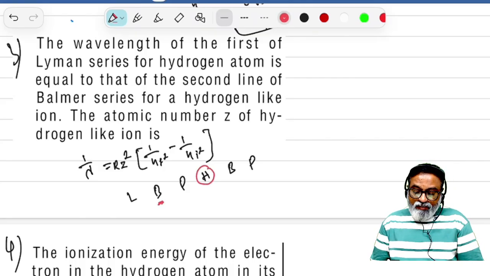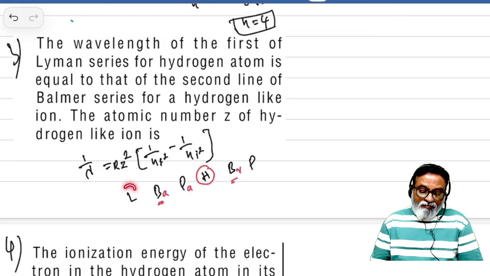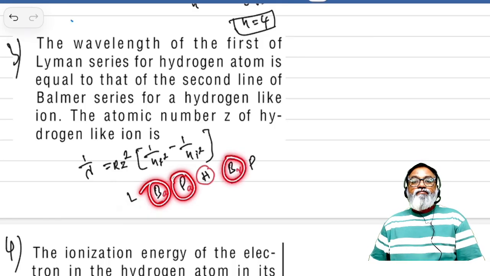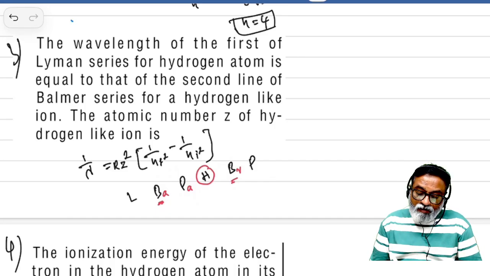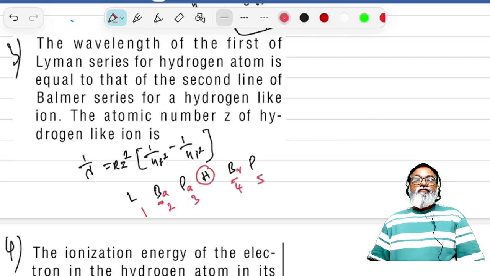Here P is there, here P is there, here also P and P. Therefore, here put A. This is R. Here is A. Therefore, this becomes Lyman series, Balmer series, Paschen series, Brackett series, Pfund series. After that, give the number to this series: 1, 2, 3, 4, 5.